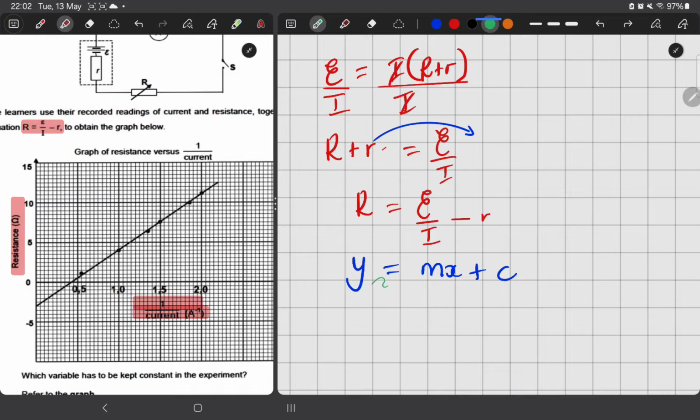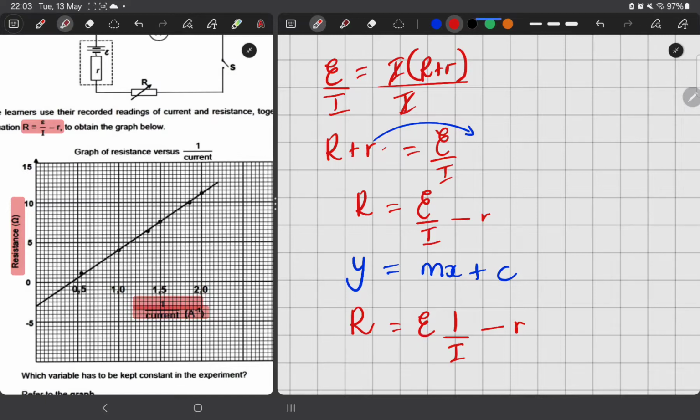Now I can see that my y-axis, or my y on the graph, is the resistance, which is correct. I'm happy with this one. However, I am not able to see the inverse of current as the x-axis, so I'll have to rearrange this part of the equation and write it in such a way that I have the inverse of current.